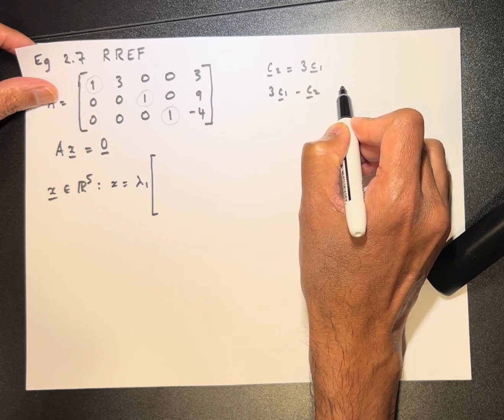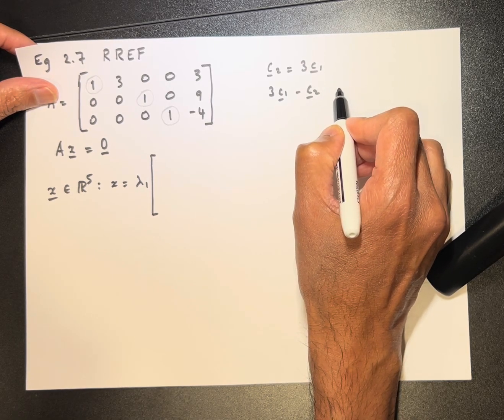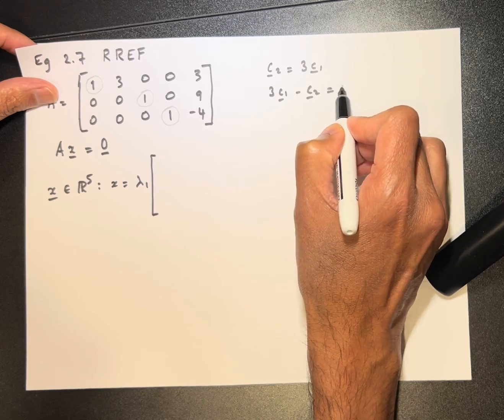Essentially 3C1 minus C2 plus 0 C3 plus 0 C4 plus 0 C5 equals 0. Okay, that's what this is.